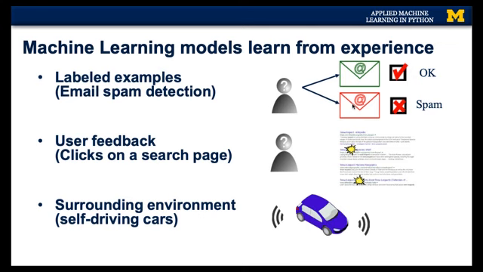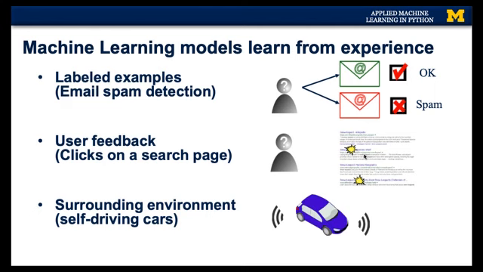Machine learning algorithms can be used to understand user feedback, like clicks on a search page. So we look for the interaction of the user on a web page or on a search page, and we try to understand the feedback. We give them feedback based on their interaction with the environment.